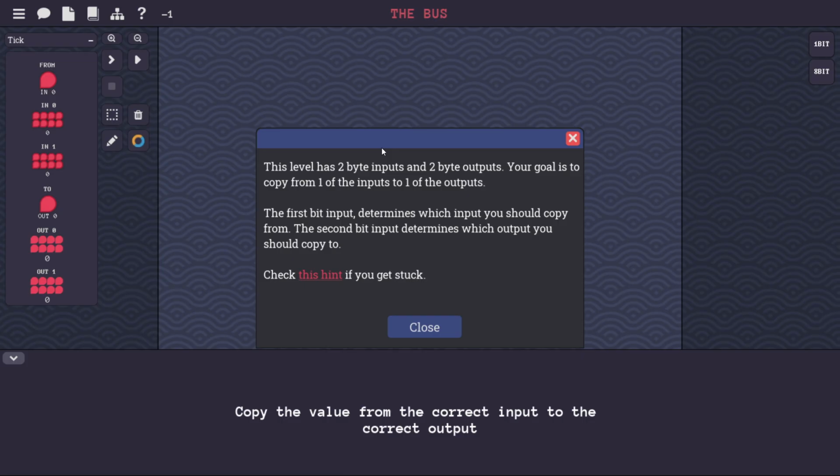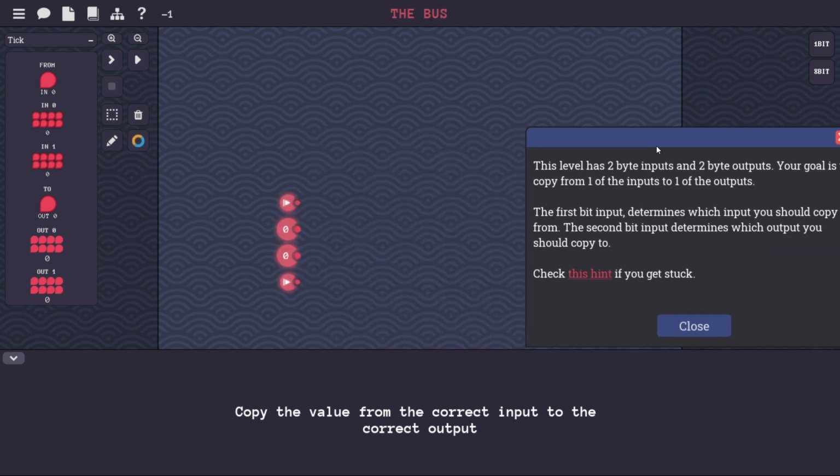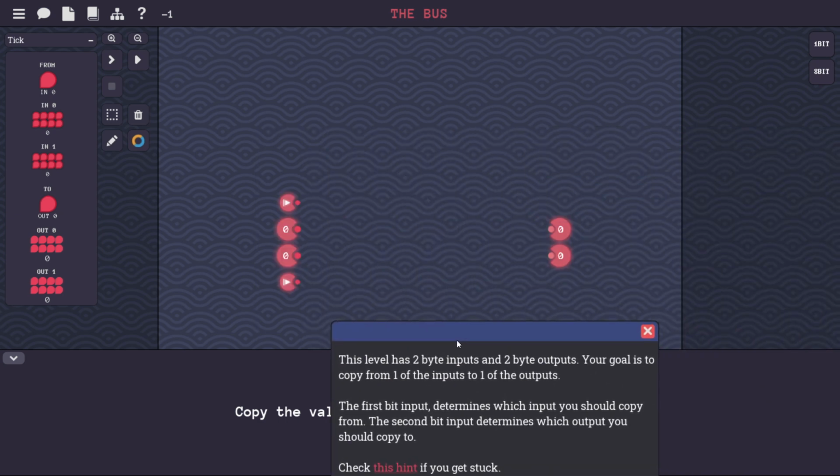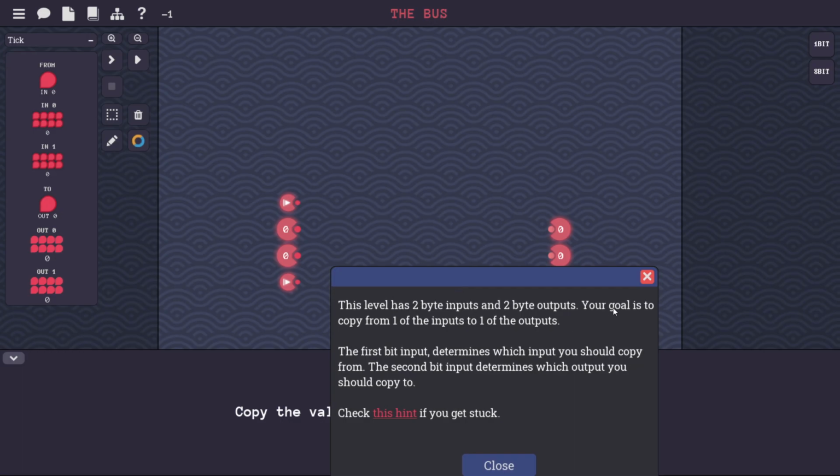So this level has 2 byte inputs and 2 byte outputs. Okay, your goal is to copy from one of the inputs to one of the outputs.